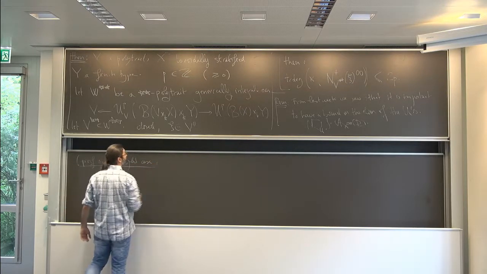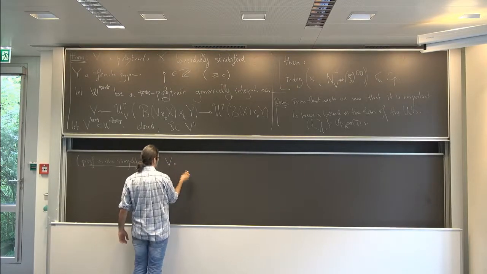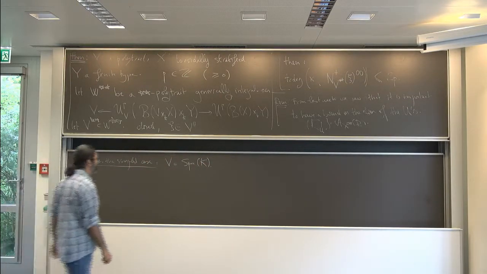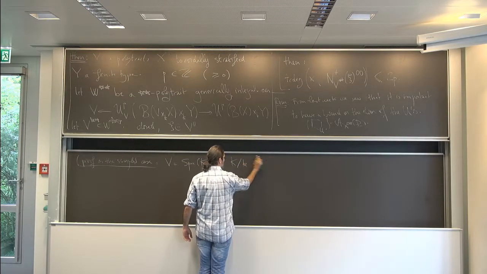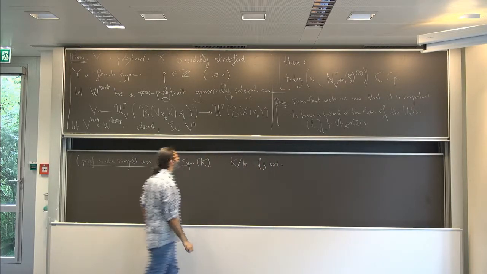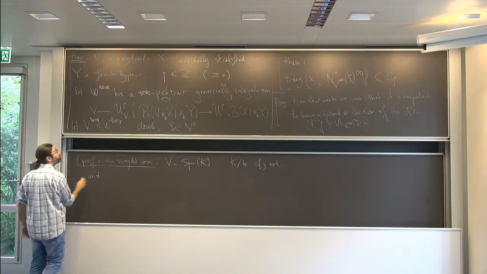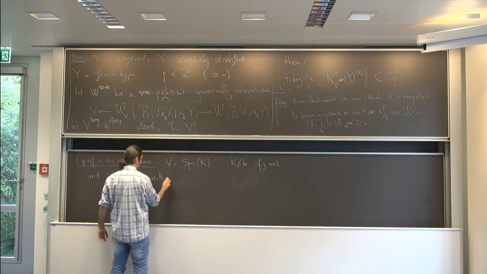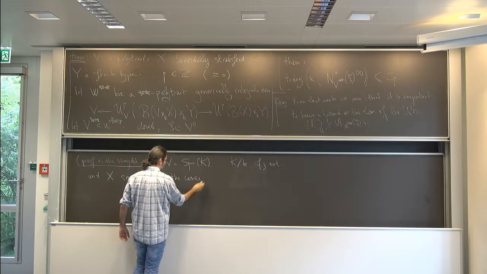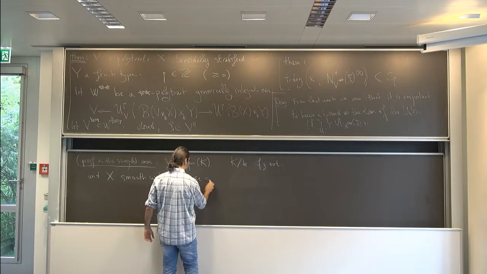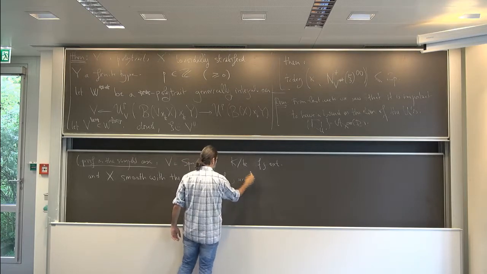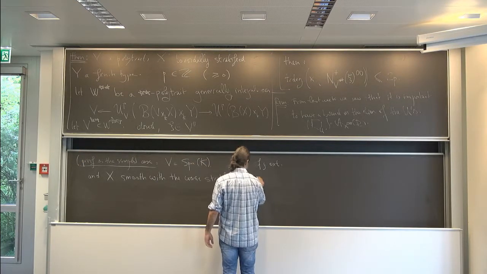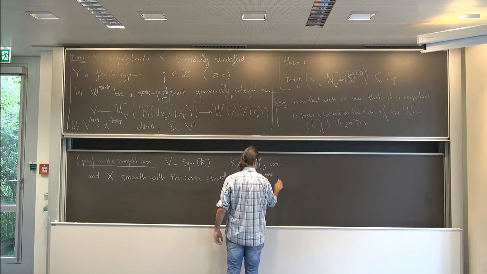And so what is the simplest case? This is when V is the spectrum of some finitely generated extension of K, and X smooth with the coarse stratification, and also I want W star star to be a star point.